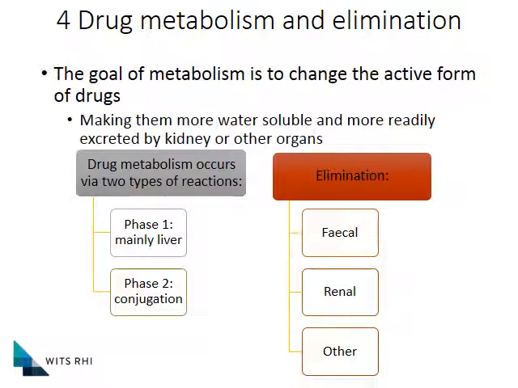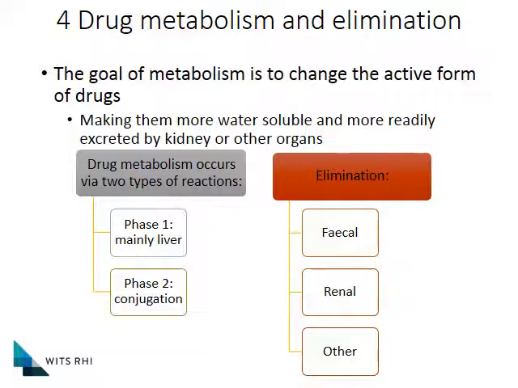And then the fourth slide is just to look a little bit at how we do metabolize and eliminate most of these drugs that we take. The body is very clever in the way that it makes sure that foreign substances do not stay for very long in the system. And so it will firstly try and immobilize that particular substance, make sure that it's not active, that it cannot affect the body in some way. And it will try and make it more water soluble so it can be excreted.